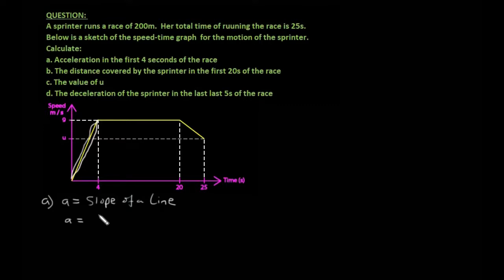The y value is 9 minus 0, the origin here 0, divided by 4 seconds, which is 4, final time is 4, initial time is 0. Hence we get 9 over 4, which is equal to 2.25 meters per second square.